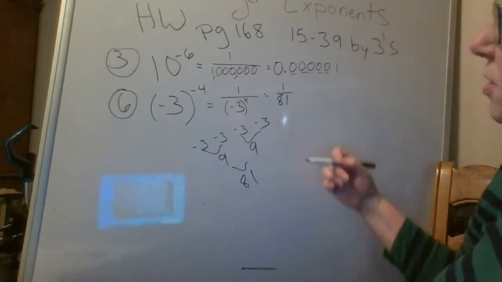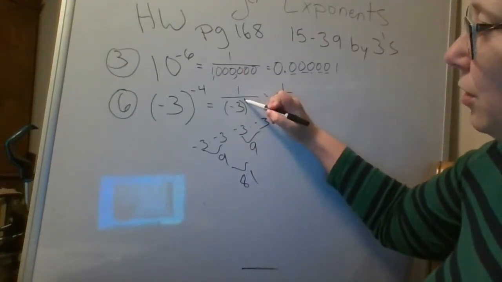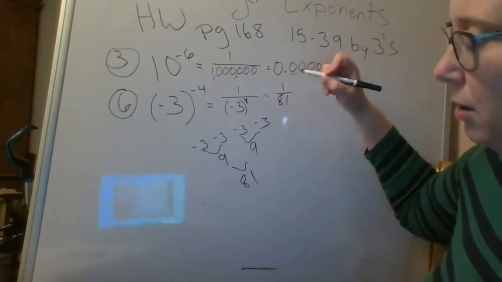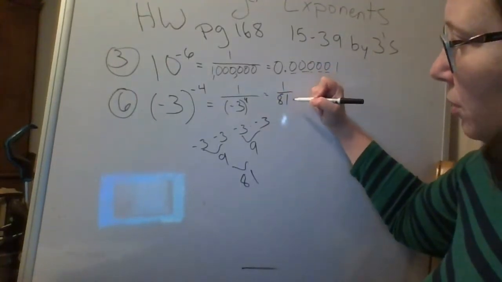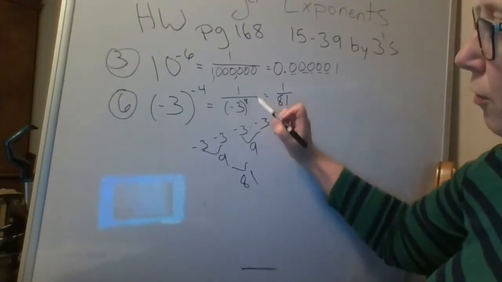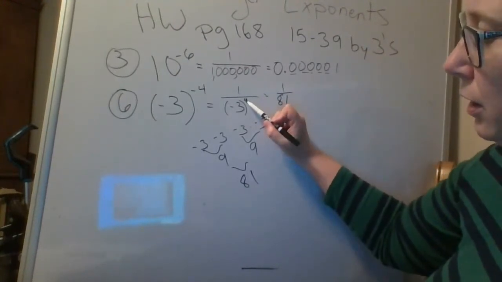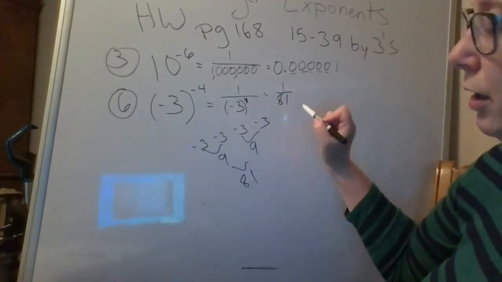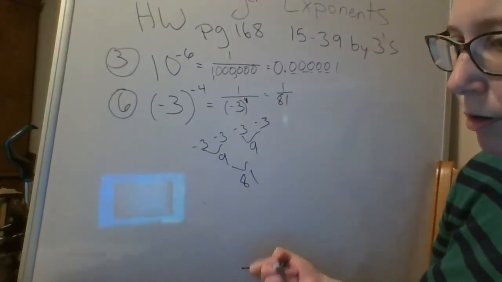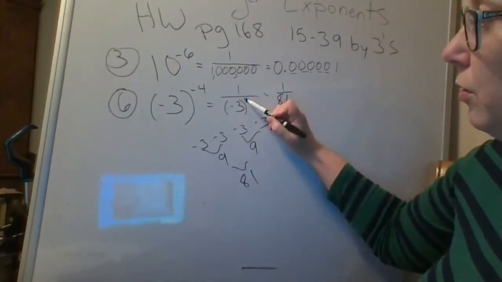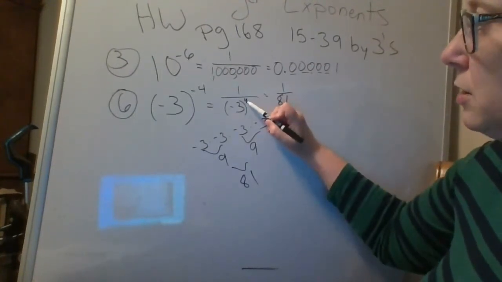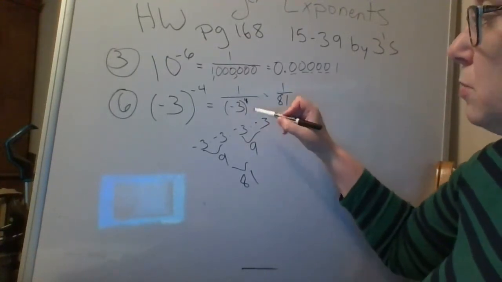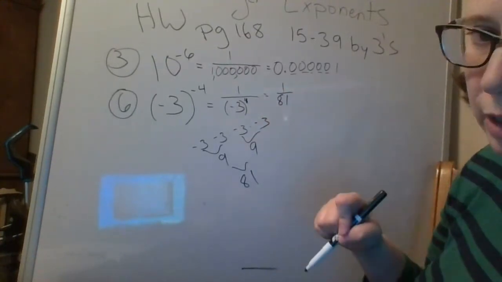So if our exponent is even, our answer will be positive. If our exponent here was odd, then our answer would be negative. There you go. So even exponent, your answer is positive. Odd exponent, your answer would be negative.